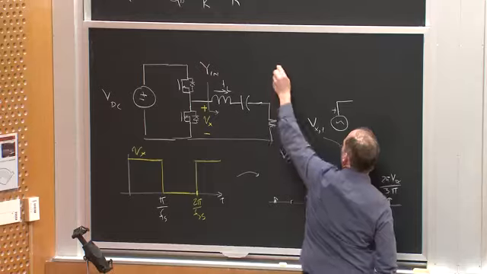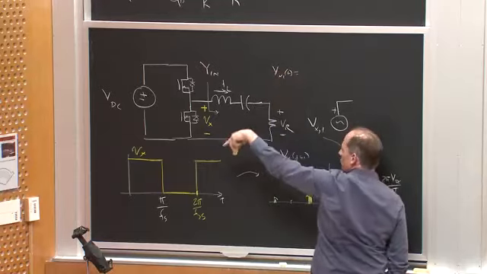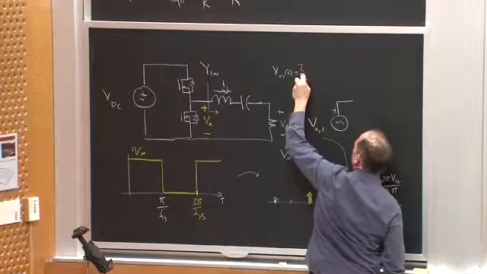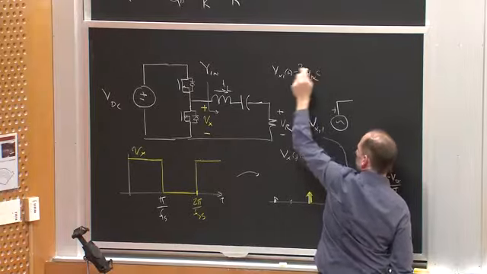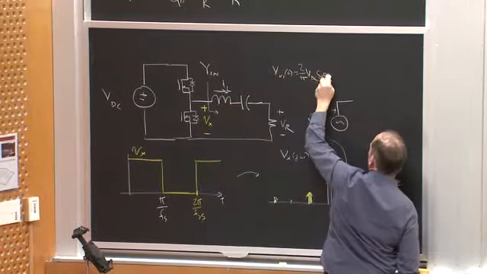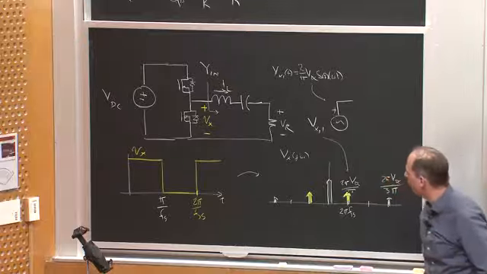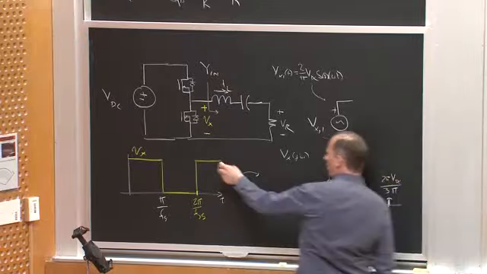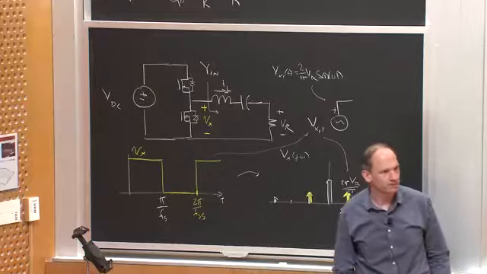Which would be Vx1 of t would be equal to 2 over pi VDC. In this case, I've drawn it as a sine, so I guess it would be sine omega t. Okay, if I only thought about the fundamental component, or I could model it exactly as Vx over here and think about the square wave component. Okay?